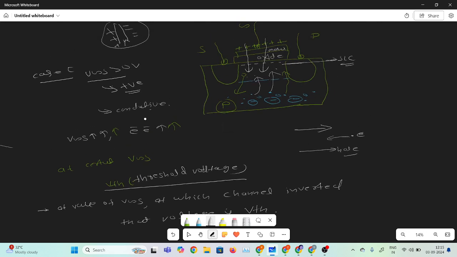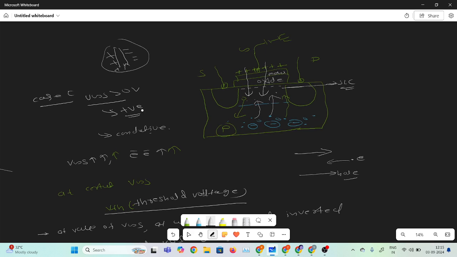If we apply voltage on the gate terminal at a certain value of VGS, the source and body are always short circuited. I think you already know this.